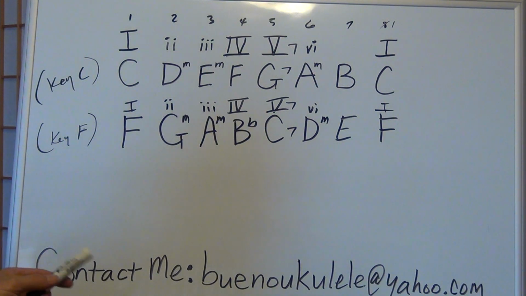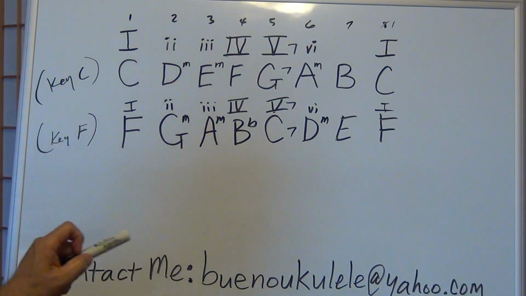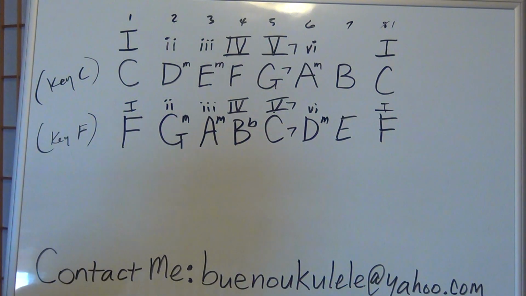But it is very important to try to understand the basic idea behind this, because from here we're going to talk about how songs are constructed. We're going to talk about, if you're interested in writing your own songs. We're going to talk about, if you're trying to figure out a song, how to find the chords that are being used in the song. All these things, but you need to understand the body of how the structure works.